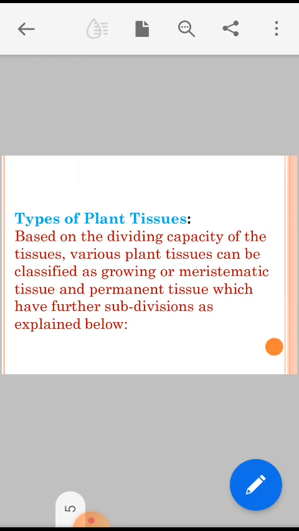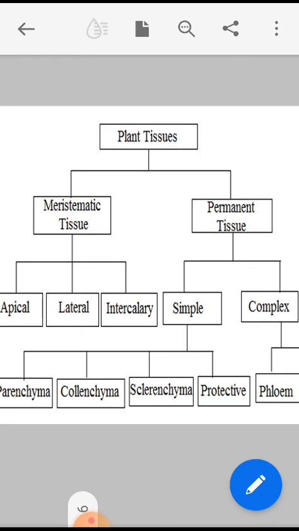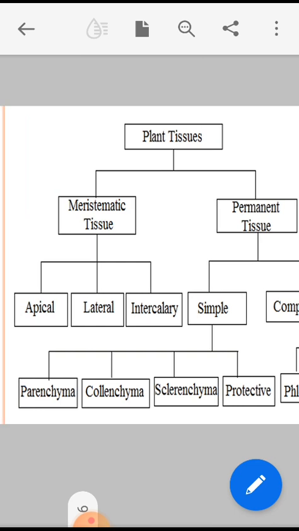Now these meristematic tissues and permanent tissues are further subdivided as follows. As you can see in this diagram, plant tissues are classified as meristematic tissues and permanent tissues. The meristematic tissues are further classified as apical meristematic tissues, lateral meristem, and intercalary meristematic tissues.